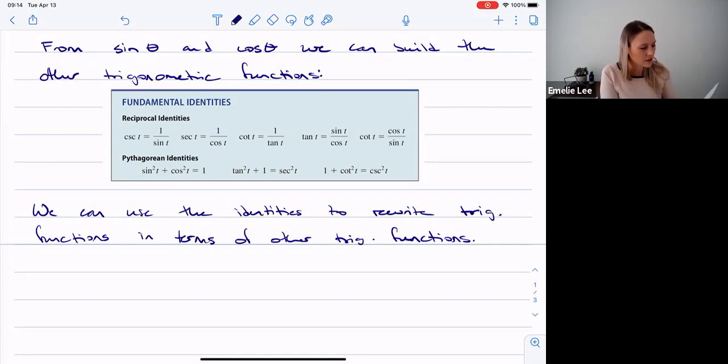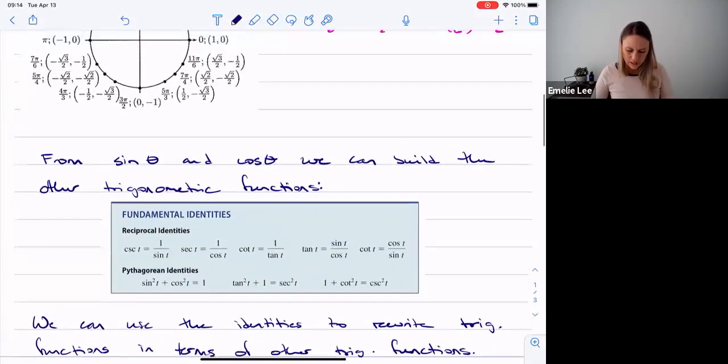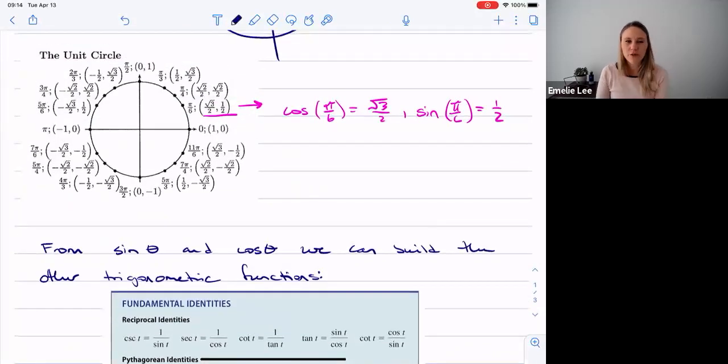We also, right, if we know sine and cosine, then we can use those values to figure out the values of the other trig functions, right? So for example, if I know that the cosine of pi over 6 is root 3 over 2, then I can figure out what the other functions are.